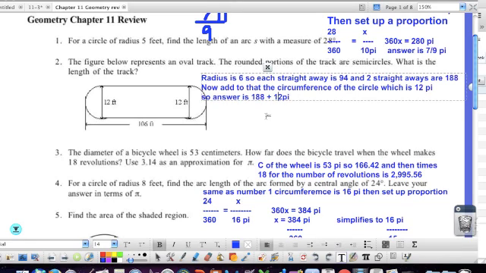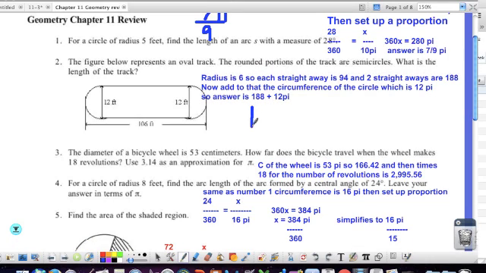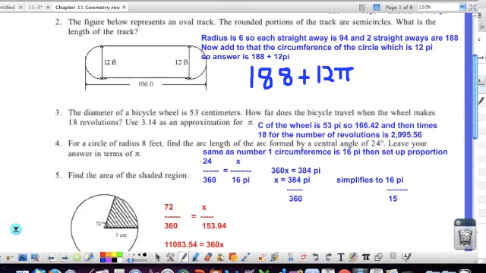You would write 188 plus 12 pi. If you had 12 pi plus 188, that would be correct also.